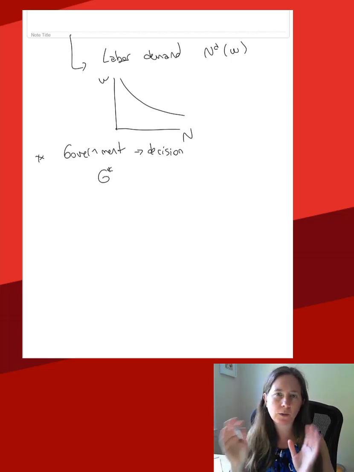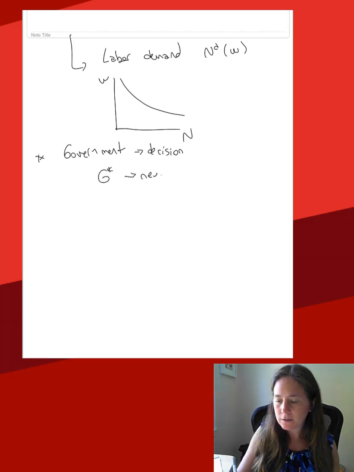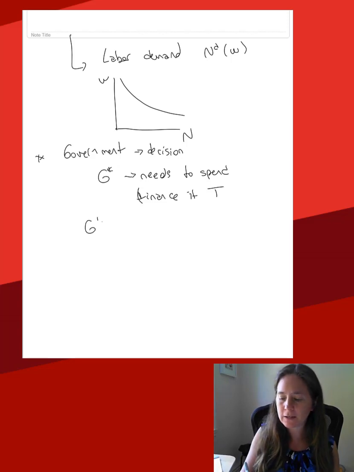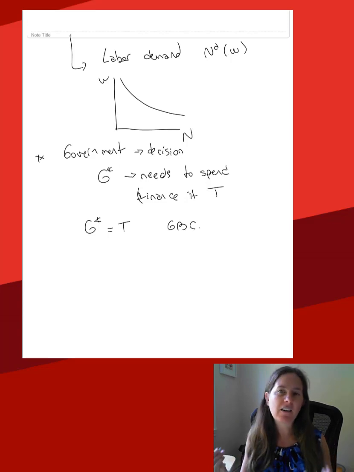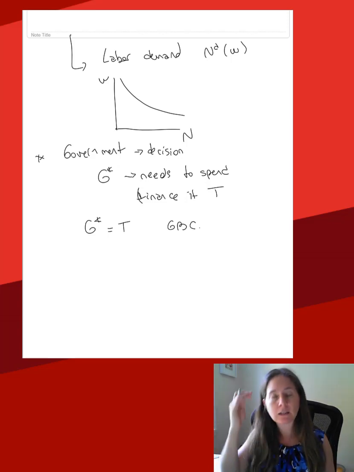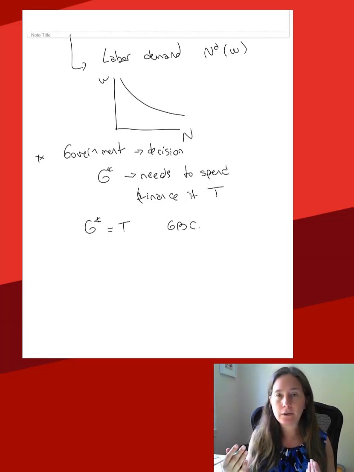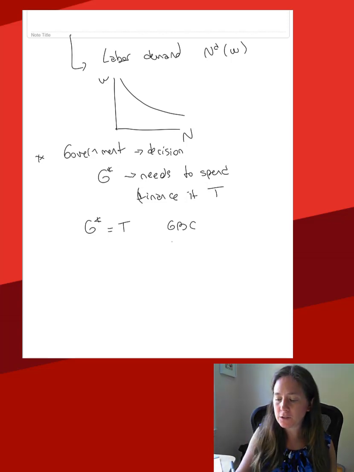For now, we are just going to assume that the government needs to spend this amount G, and that it is going to finance it with lump sum taxes. So basically, all the government is doing is satisfying the government budget constraint that states that the total amount of taxes has to be enough to cover its expenditures.